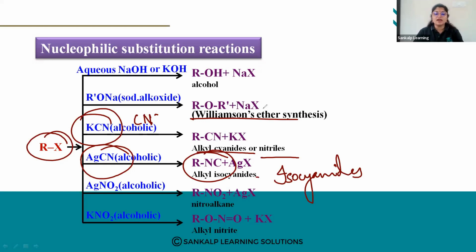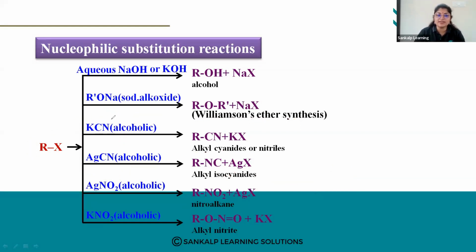So what happens when you treat it with KCN? It forms alkyl cyanides as the main product, and when you treat it with AgCN, it forms isocyanide as the main product. What is the reason? KCN is ionic in nature, and therefore both carbon and nitrogen are free to link with the alkyl halide.